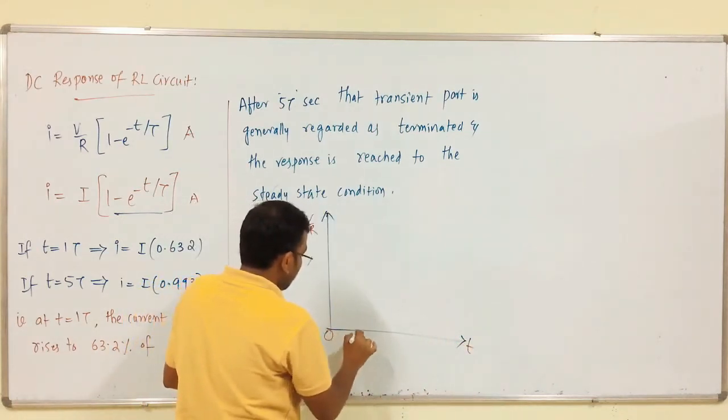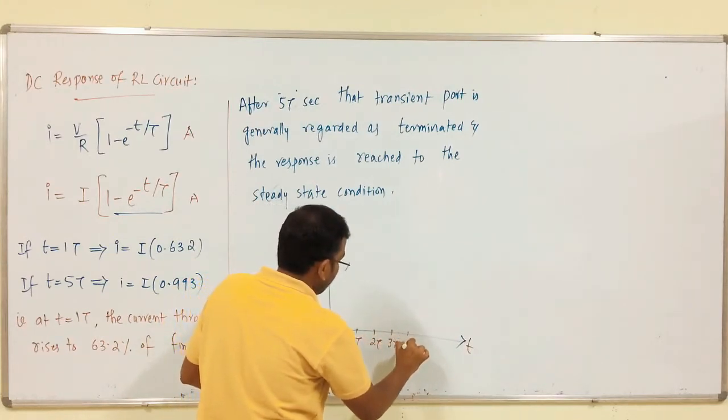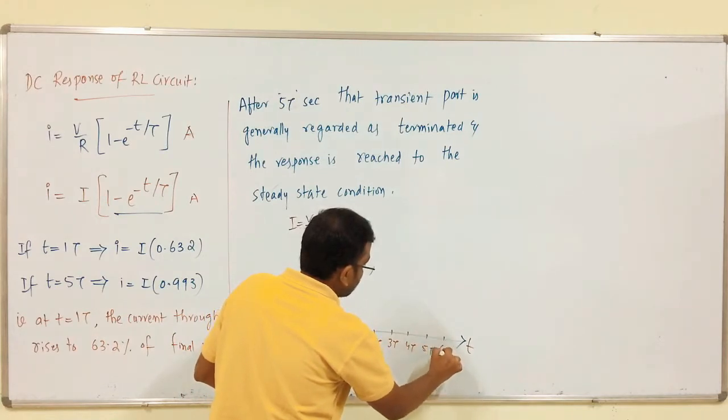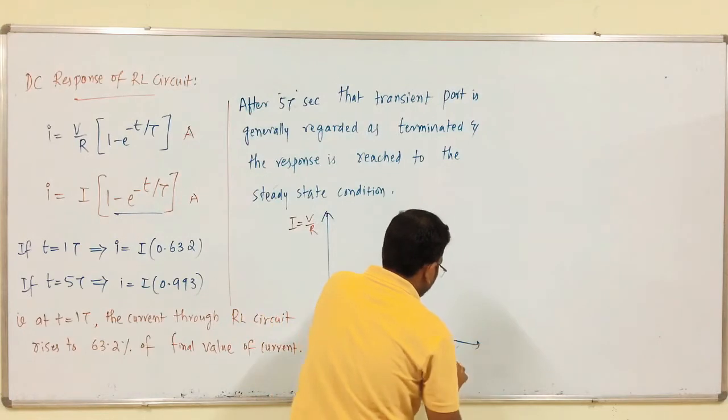So, this is 0, this is 1 tau, 2 tau, 3 tau, 4 tau, 5 tau, 6 tau and 7 tau and so on, that is t.